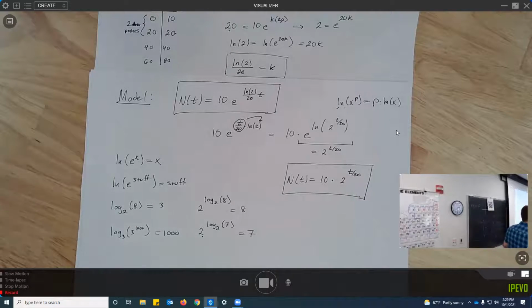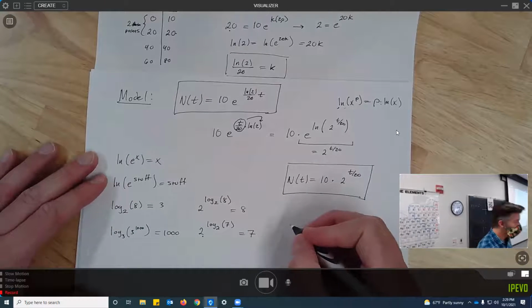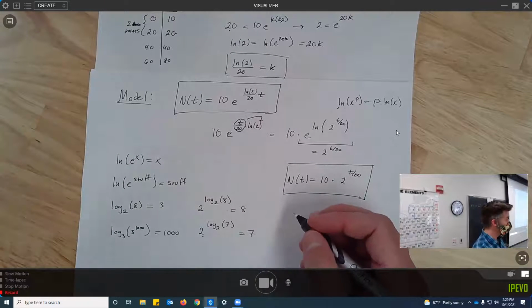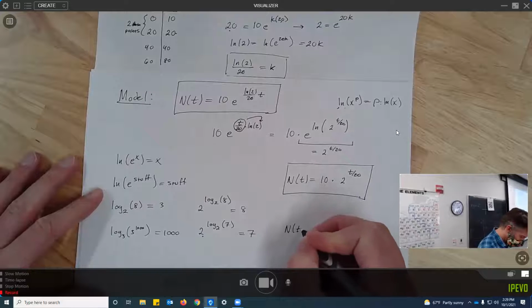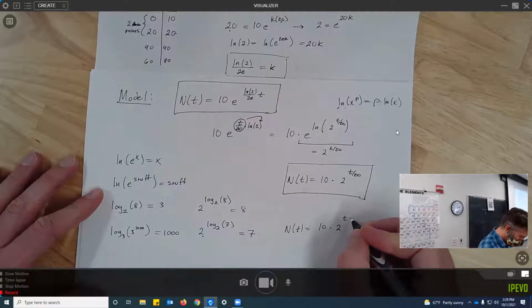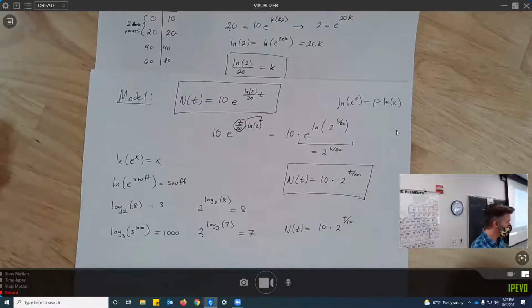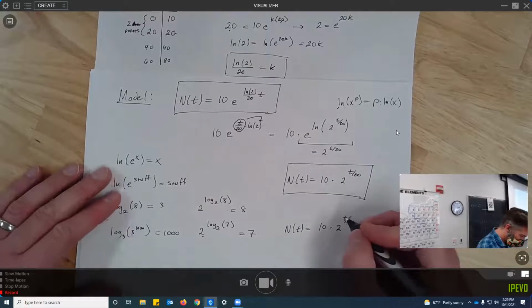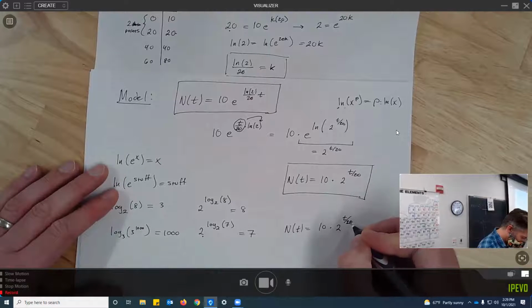Is it possible for a model to be n of t equals 10 times 2 to the t over 20? So sorry, one more time. The way we're going to say that is n of t equals 10 times 2 to the exponent of t over 20.